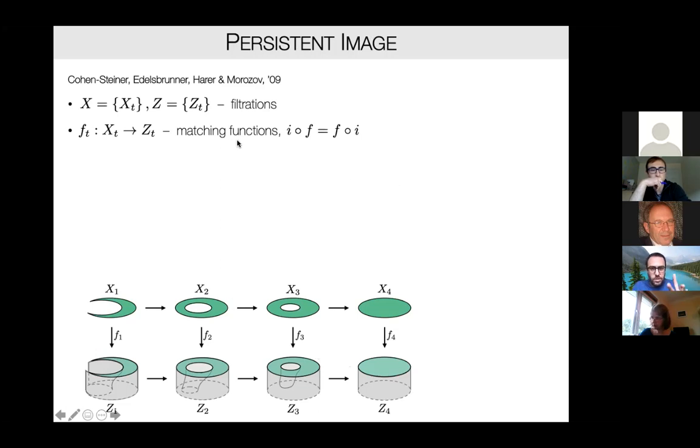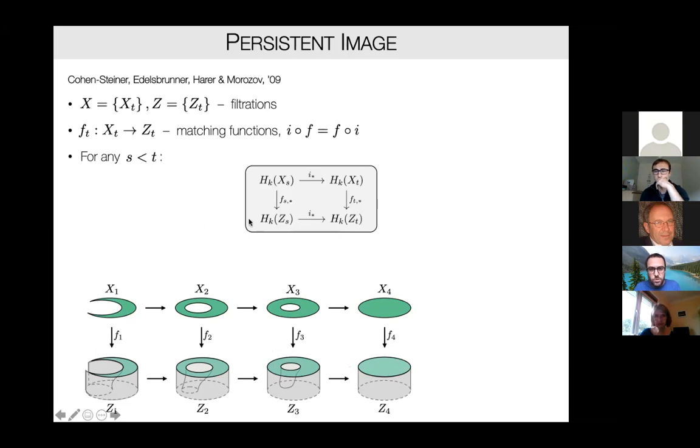And we're assuming that the functions commute with the inclusion. So this diagram is commutative. And so we have this commutative diagram in homology, and basically this allows you to define what they call the persistent image, which is just the persistent homology.